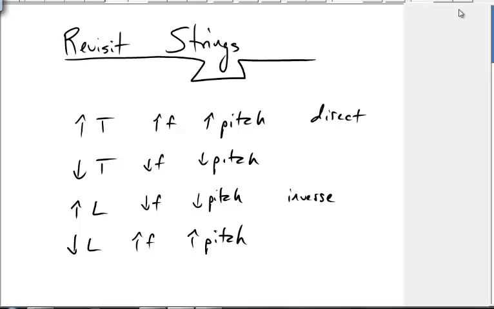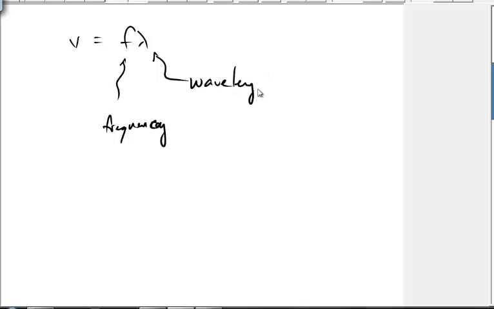Some things, though, that we wanted to talk about, and maybe we saw in the spring investigation. One thing would be the speed of a wave, where we talked about how the speed of a wave is equal to the frequency times the wavelength, measured in meters, Greek letter lambda, upside down y.